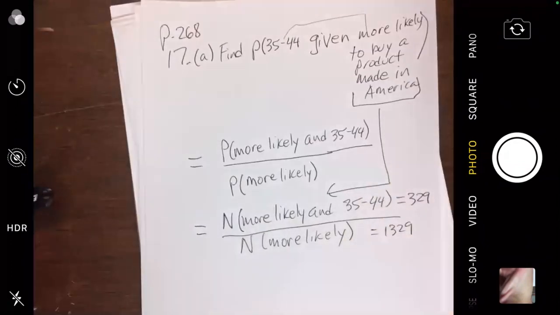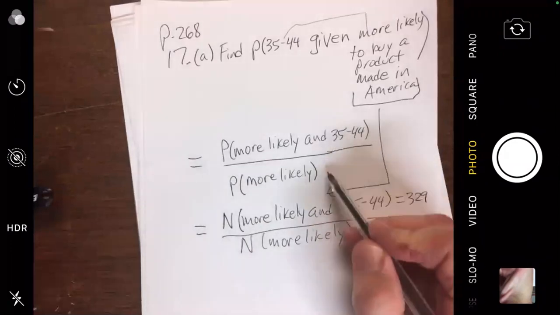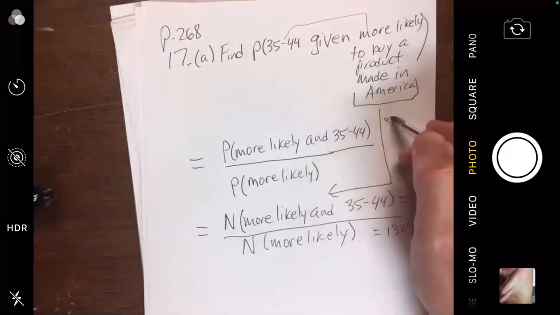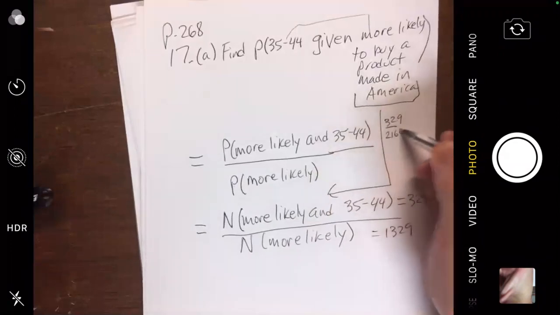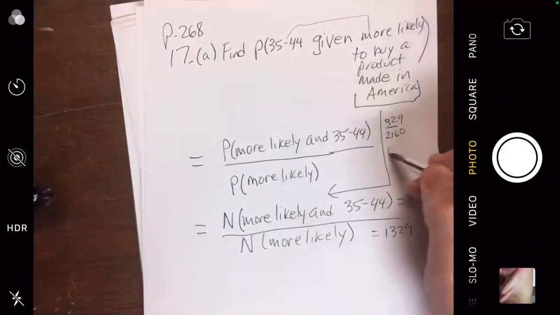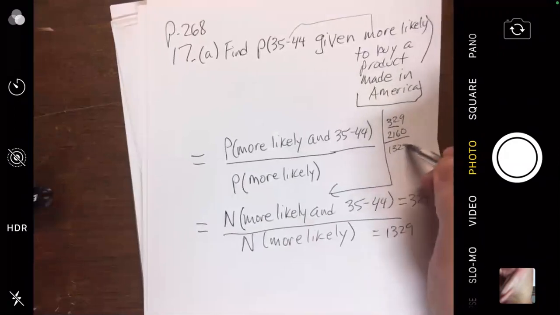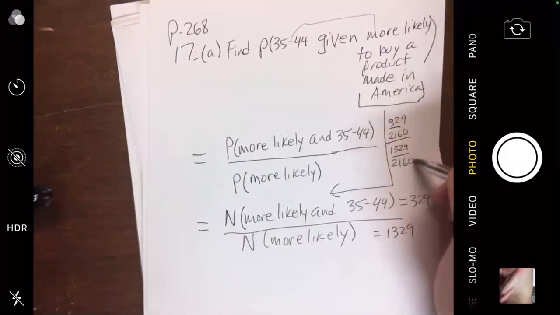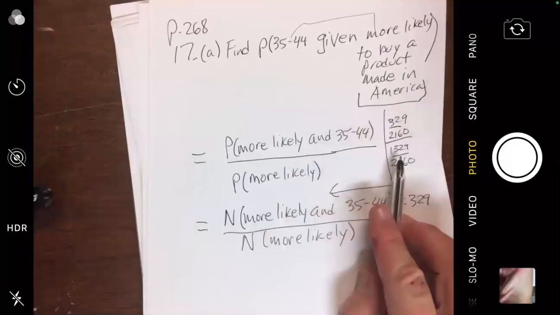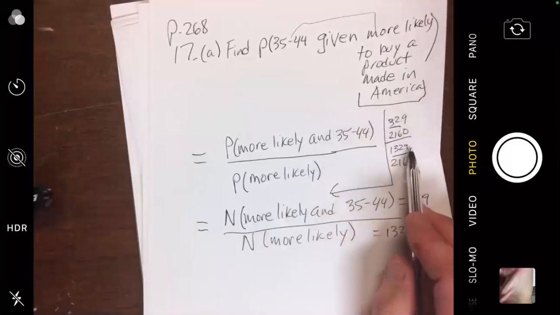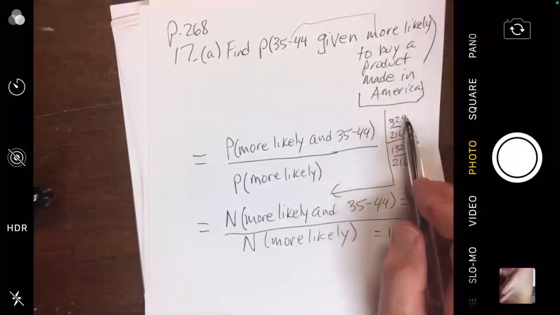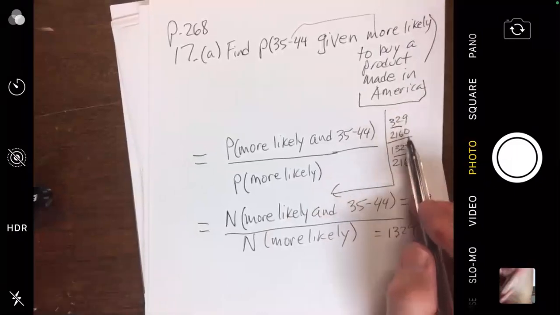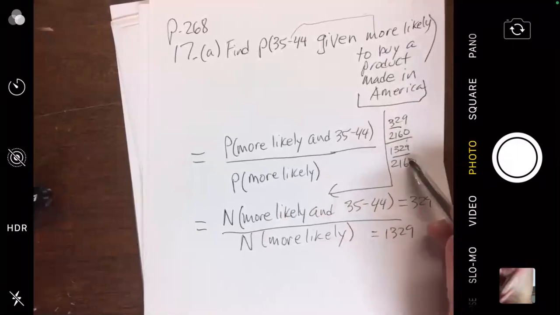I won't write it out, but if it was up here, your top would be 329 divided by the 2160, and this number would be your 1329 divided by your 2160. See, that would be the probability you're more likely. You'd be the number more likely over the total number of people in the survey, 2160. Same thing up here, number more likely and 35 to 44 over 2160. You see how the 2160s are going to divide out?